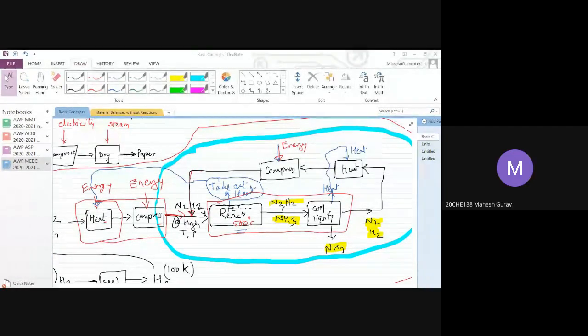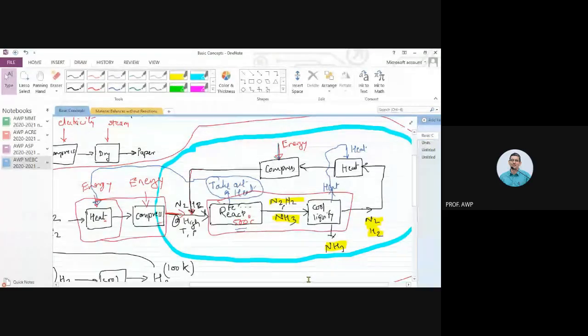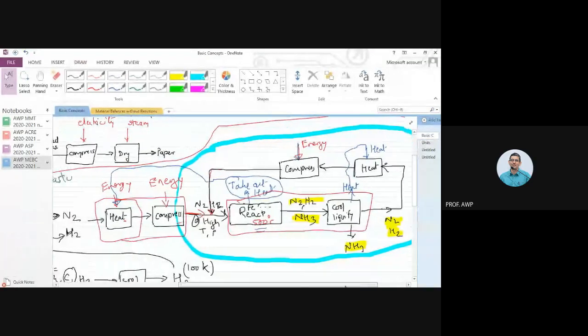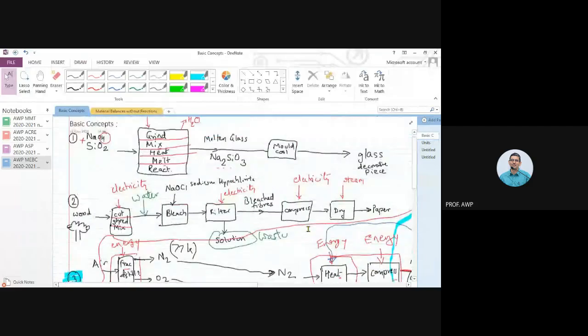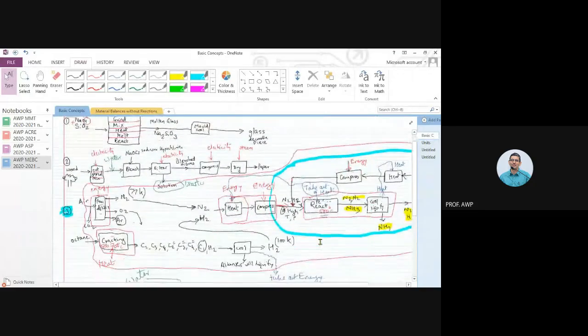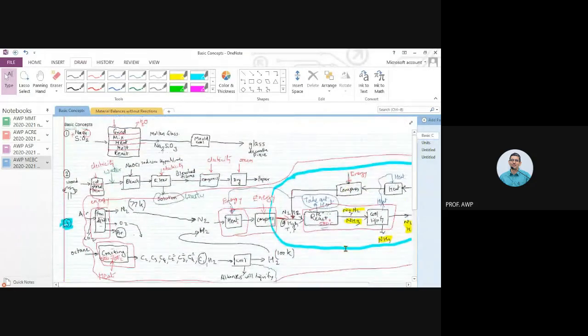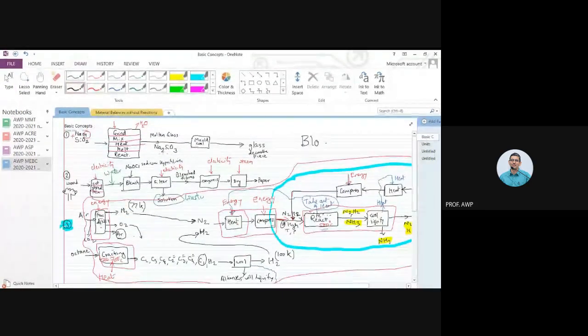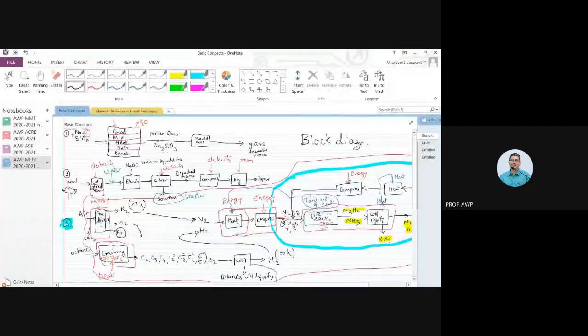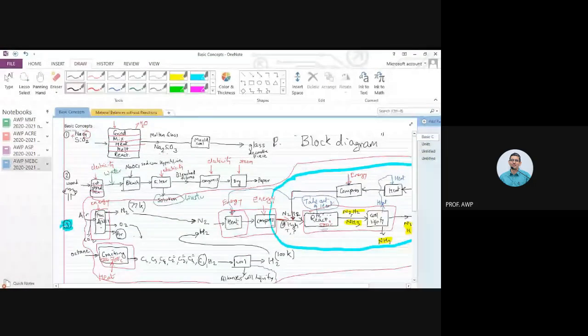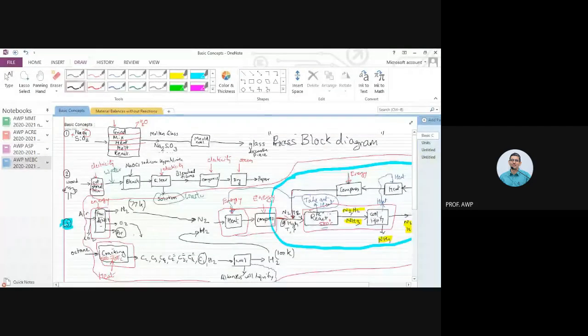Right. So henceforth, we are not going to read and write pages and pages. We are going to depict processes by these kinds of diagrams. These diagrams we are going to call block diagrams. And since it is for a process, we call this a process block diagram. So what does a process block diagram involve?